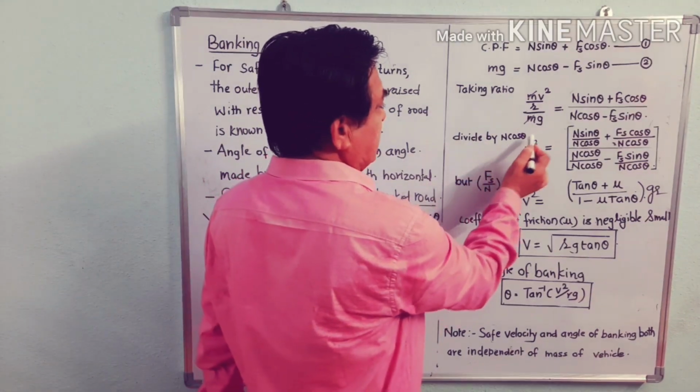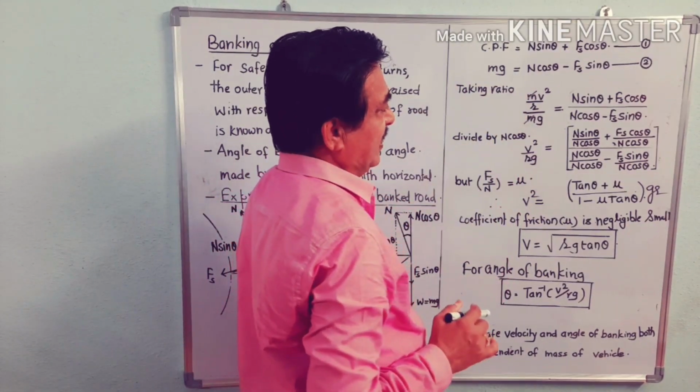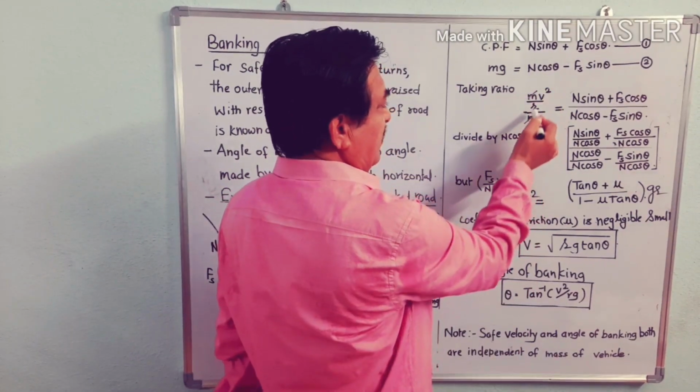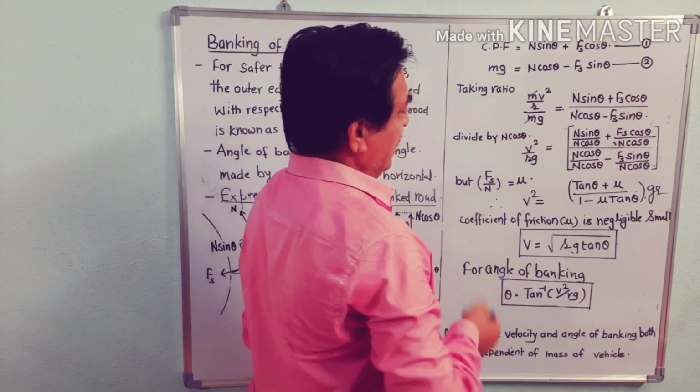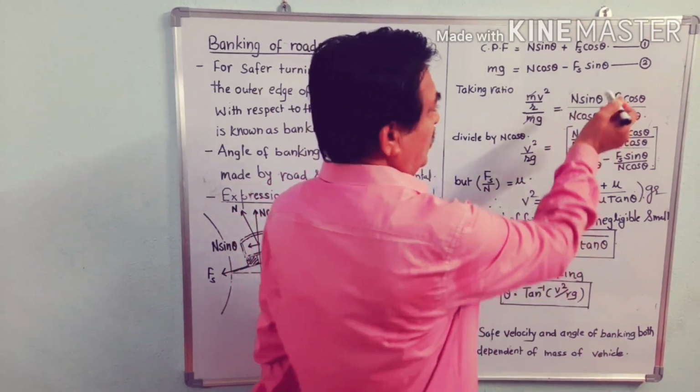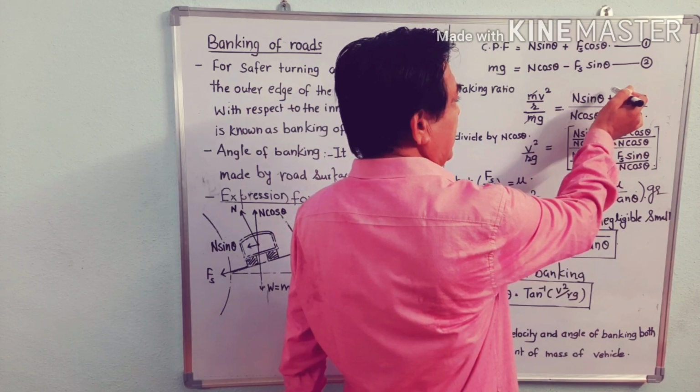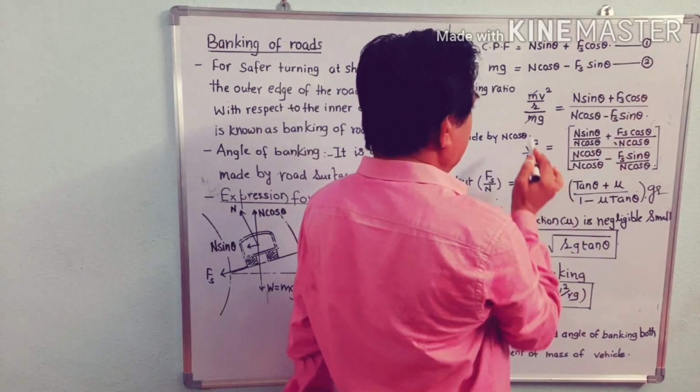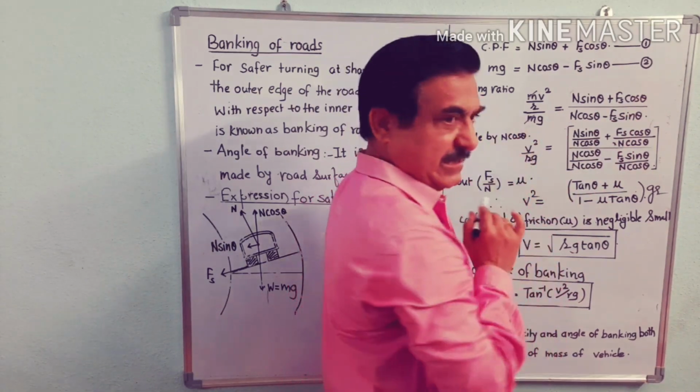Here m will get cancelled, and on this side we divide numerator and denominator by N cos theta.